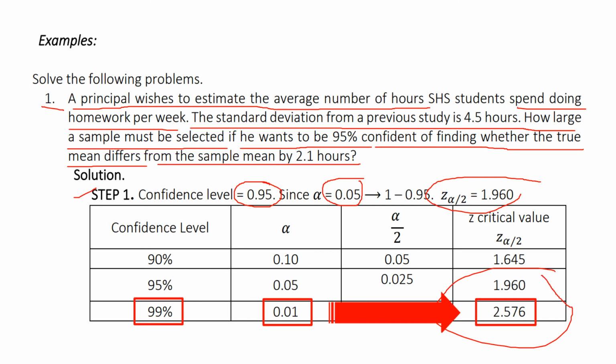Now, from this table, it should be 1.96. So there is a typographical error here in making this box. So this will be a typo. So our value for this one is 1.96.